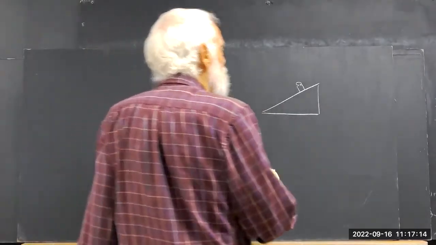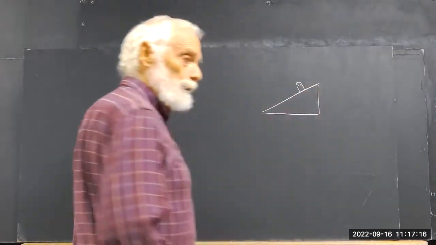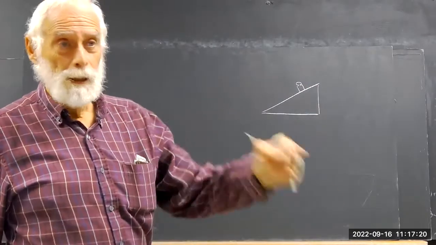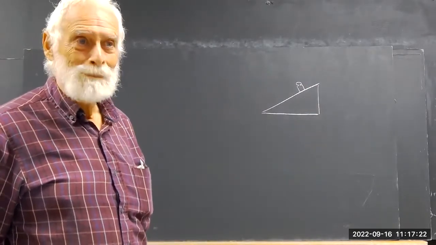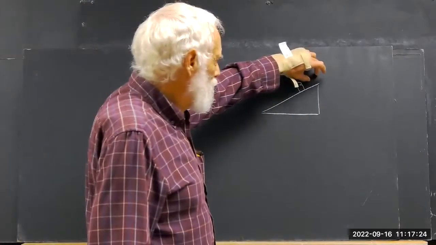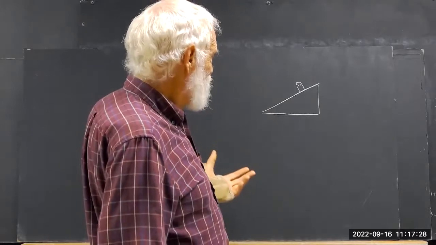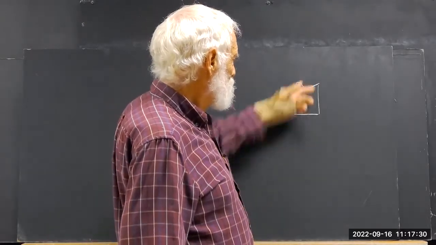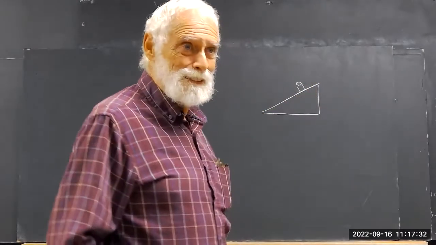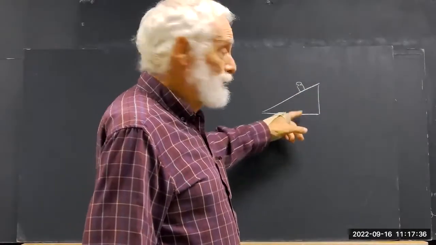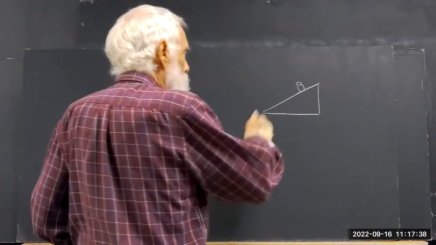So I didn't put it right at the top of the incline, because of course it's not right at the top of the incline. Although if you're sitting directly behind it, you might not be able to tell that. Okay. Well, we want to put it at the top of the incline, and that's okay, but then maybe your vector gets confused with this leg of your triangle. So it's probably better to put it here.